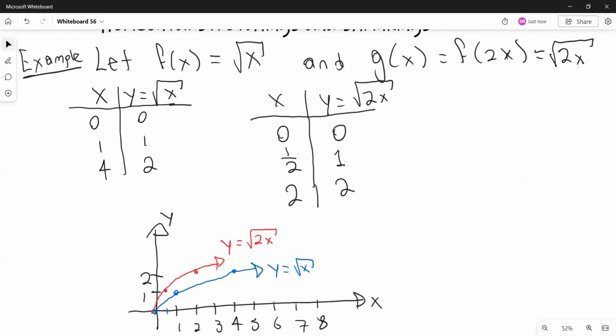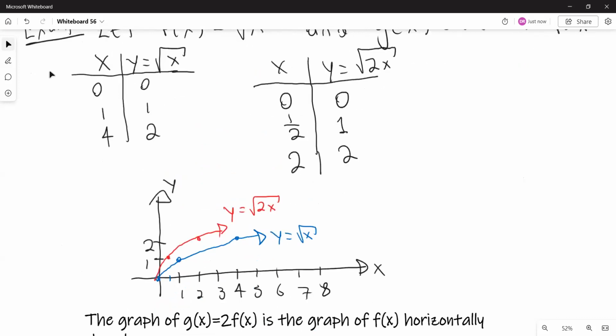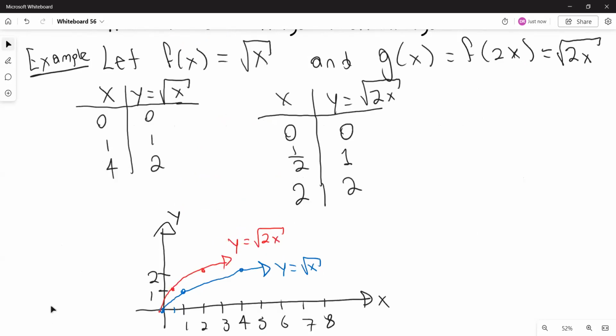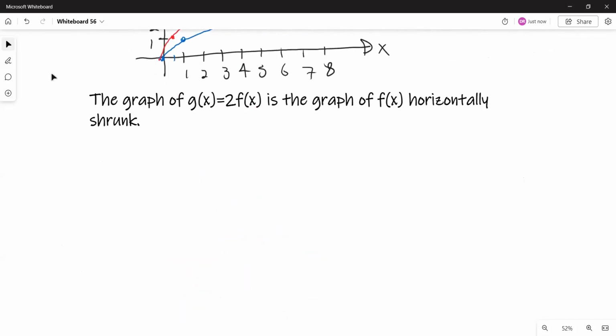And last situation is h of x. So the last situation is a horizontal stretching. So let h of x be f of 1/2 x.